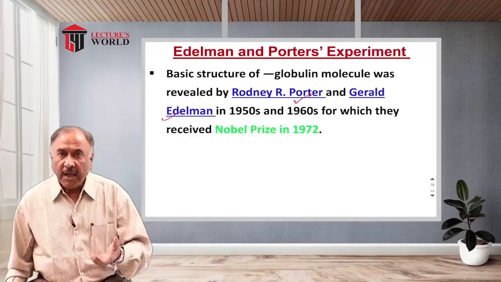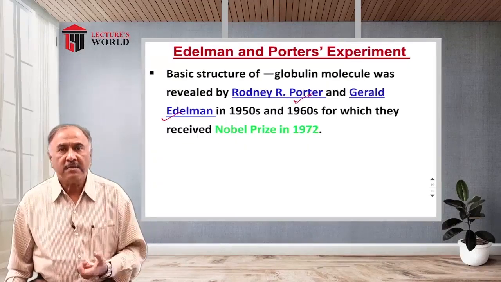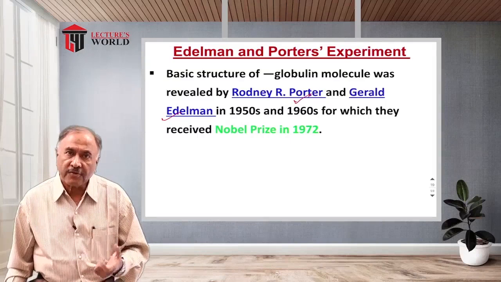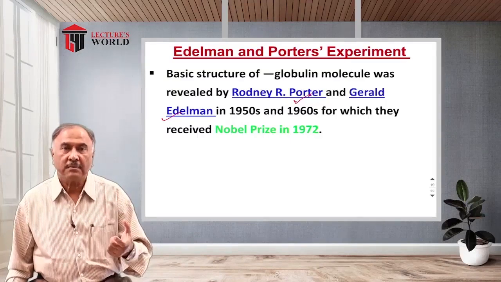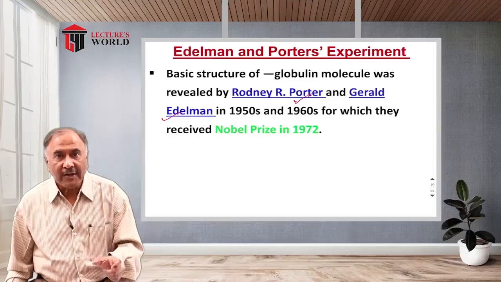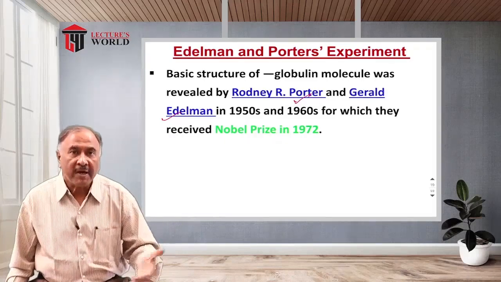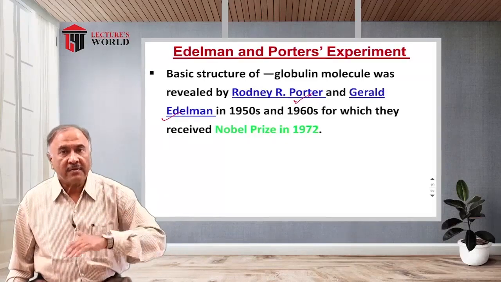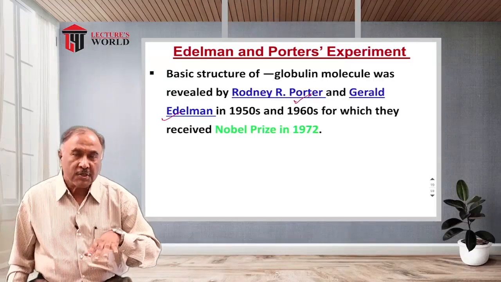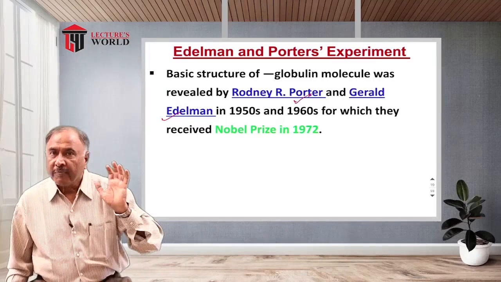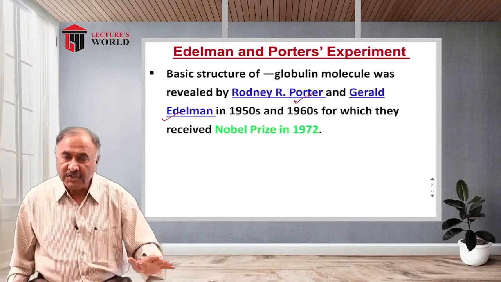In short, Edelman and Porter were the pioneers who discovered the structure of antibody, as we had just studied, made up of 4 peptides with variable and constant regions, presence of sugars, presence of disulfide linkage, as well as the presence of hinge regions.